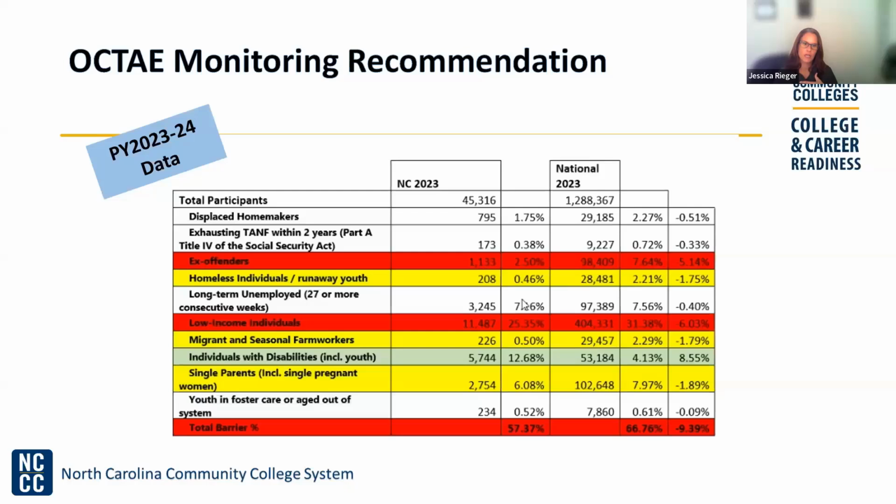The only category where we were above the national average was individuals with disabilities. We were about 8.5% higher than the national average, but for the red areas especially, we were significantly below, and that data doesn't necessarily align with some of the other data that we report, which will make a lot more sense in a second.